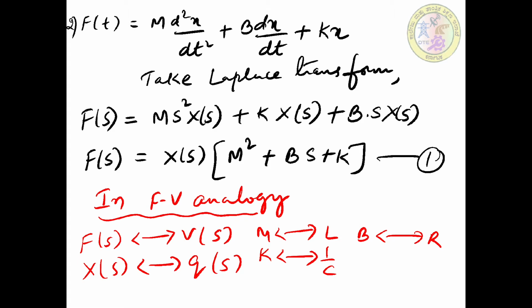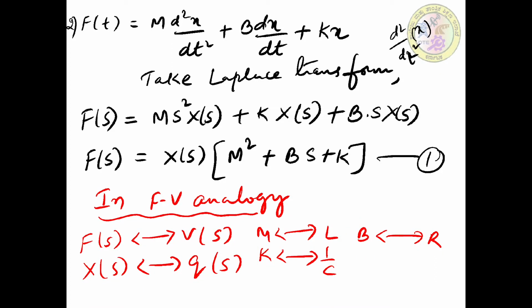Once the basic differential equation is over, next we have to apply a Laplace transform on that, so that we can convert the differential equation into a simple algebraic equation. Taking the Laplace transform, f of t can be written as F of s in the s domain, equal to m into, because m is a constant, the Laplace transform of d square x by dt square, which is s square into X of s.